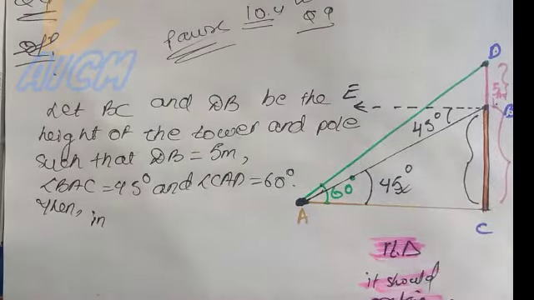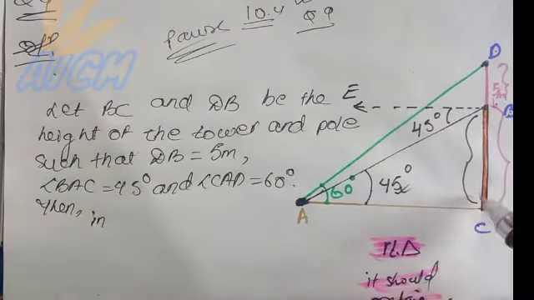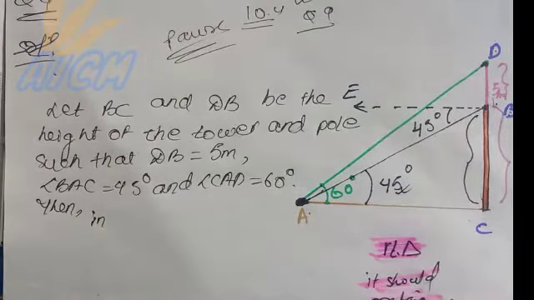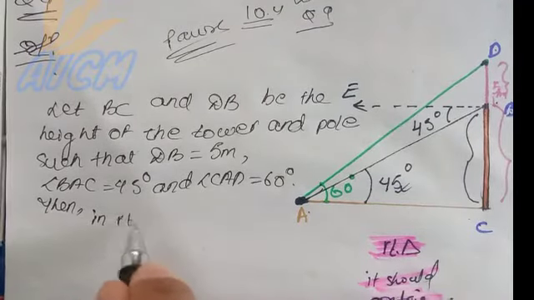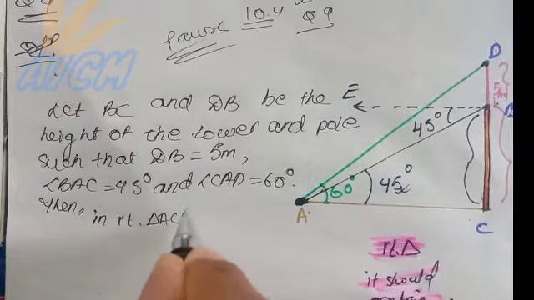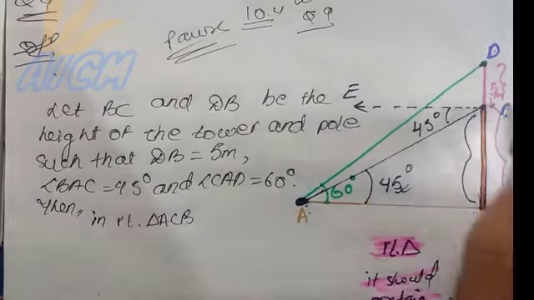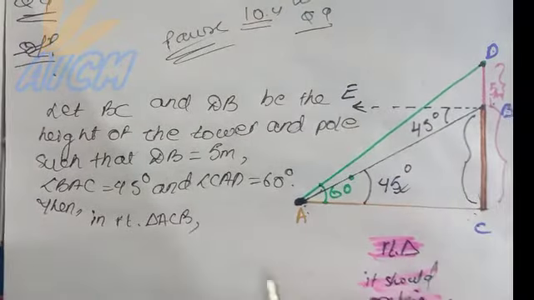So the right triangle should contain BC, because we are trying to find BC. One such right triangle which contains BC is ACB. We are going to keep that triangle in first consideration.